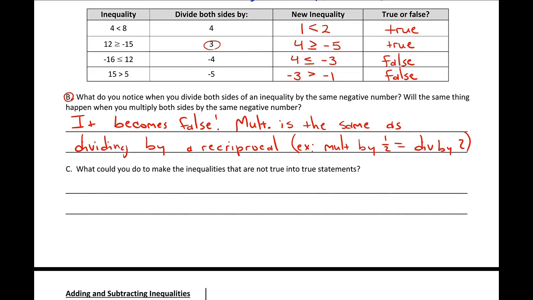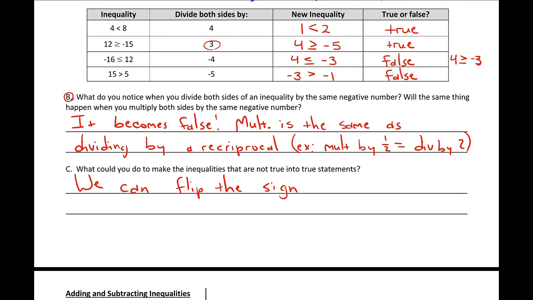Well, we can flip the sign. So if we came over here where our false statements are and we flip the sign, well, let's now say that 4 is greater than or equal to negative 3. Well, now that's true.